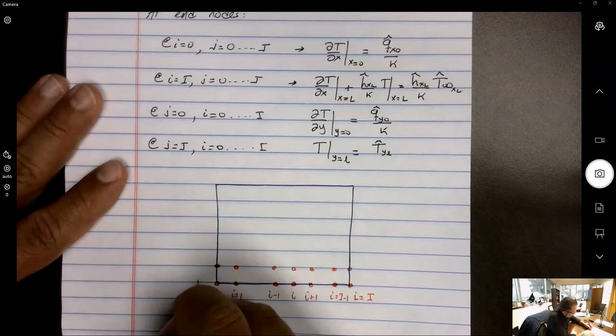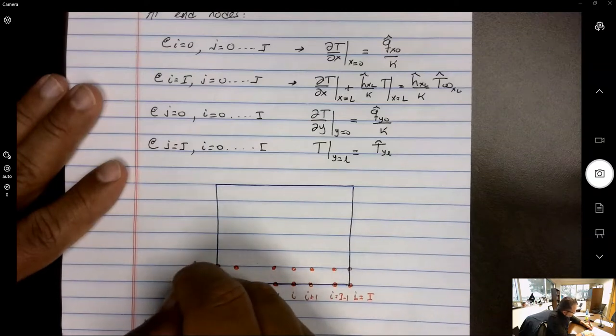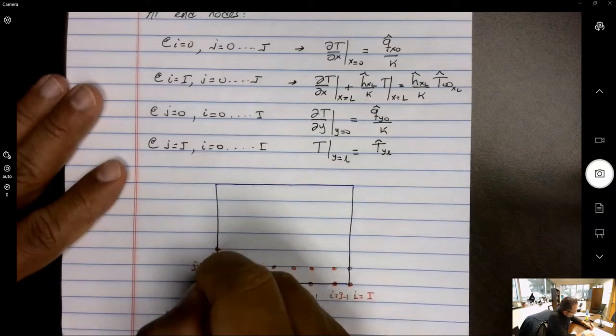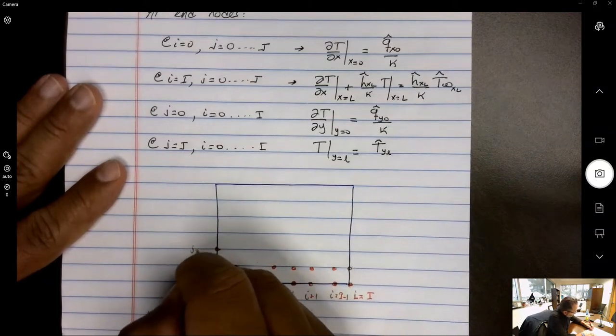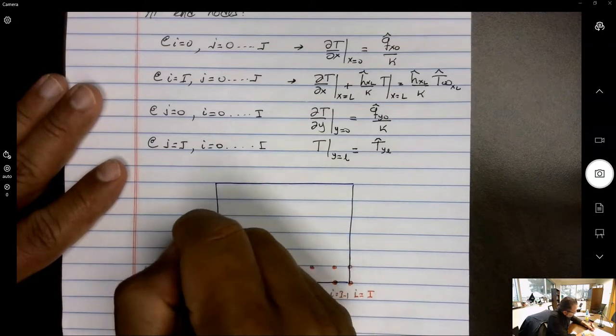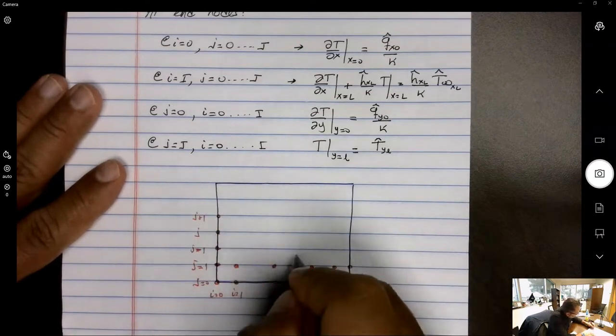And this will be j equal 0, j equal 1. I would say, let's do it here, j minus 1, j plus 1, somewhere in the interior.